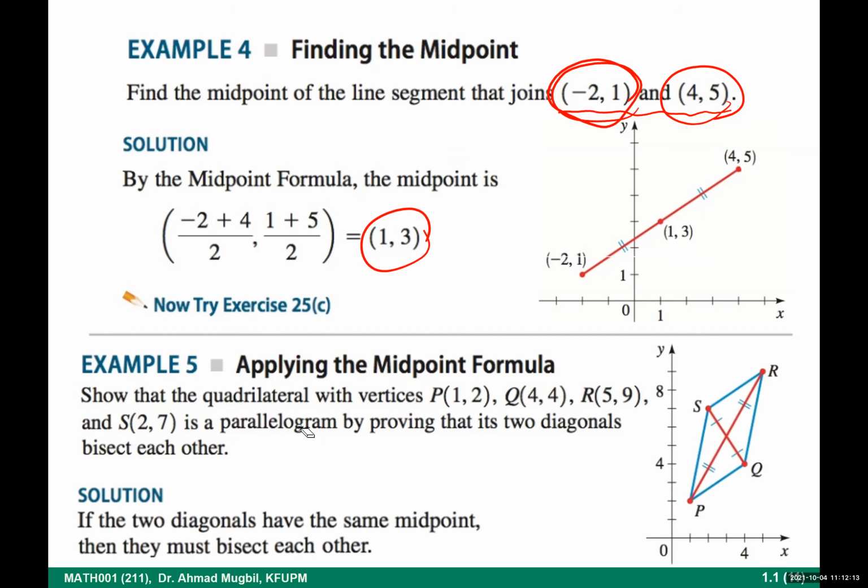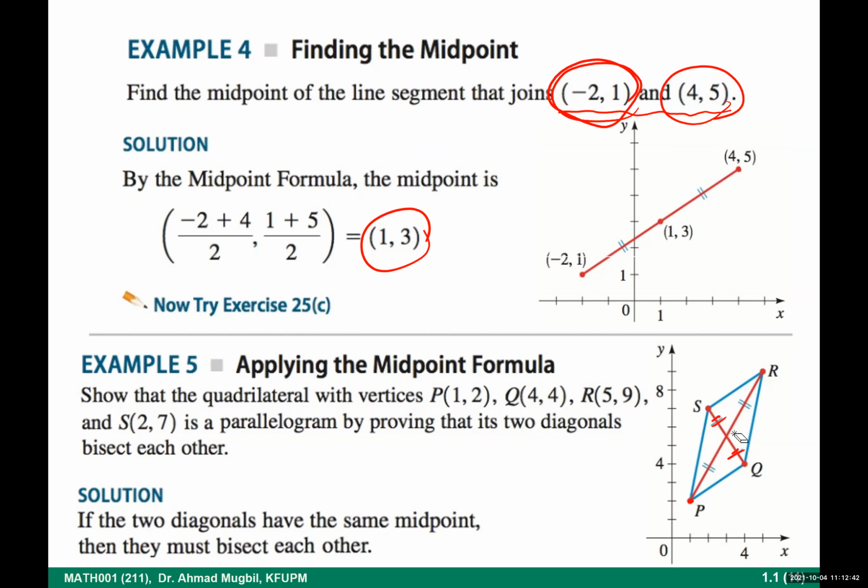Okay, here we are. This is the point P, which is (1, 2), then (4, 4), (5, 9), and (2, 7). Now, how to show that the line PR, which is this diagonal, and this is the other diagonal, are bisecting each other? You need to show that this distance is the same as this, and this is the same as this.